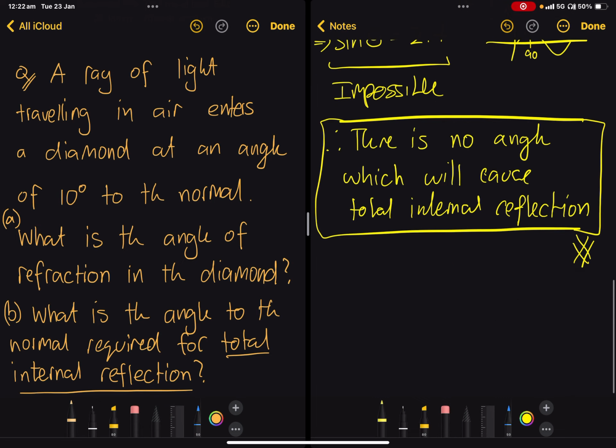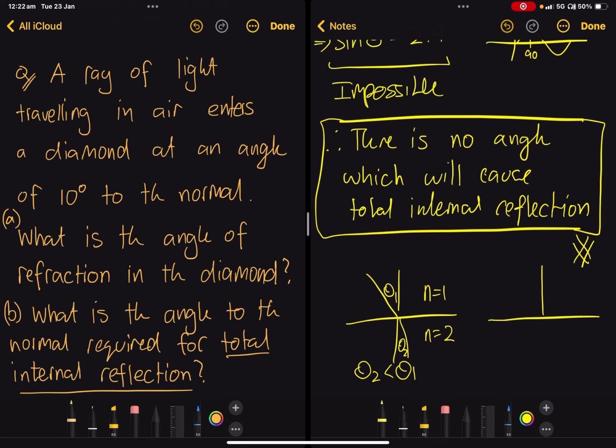The reason is that if you have two surfaces, let's say n is 1 and n is 2, you will get a bigger angle here and a smaller angle here. So in this case, theta 2 will be less than theta 1. If you have the opposite, n is 2 over here and n is 1 over here, you'll have a smaller angle theta 1 generating a bigger angle theta 2.